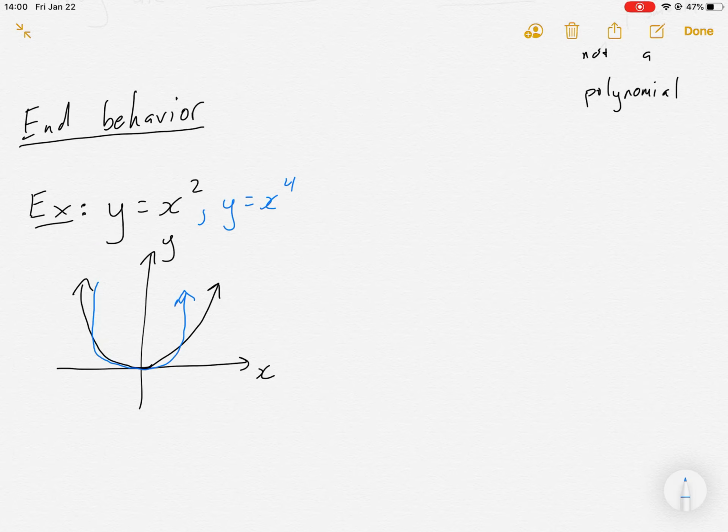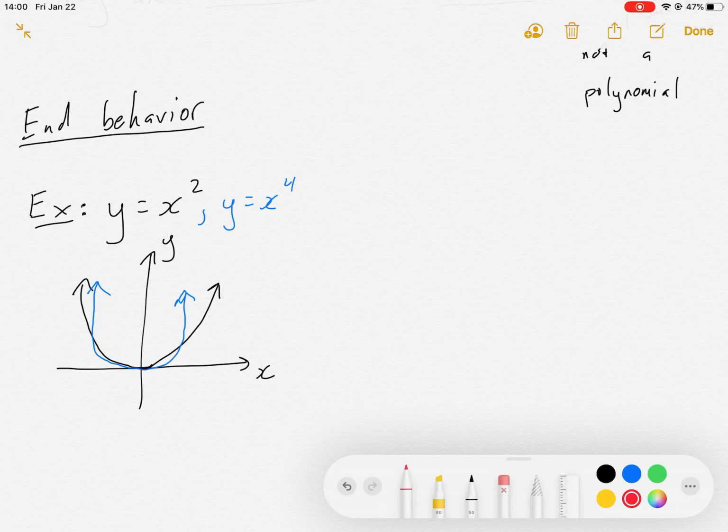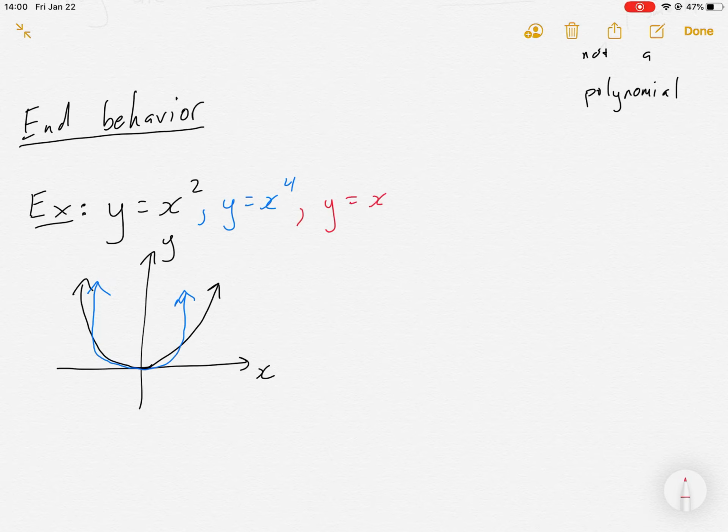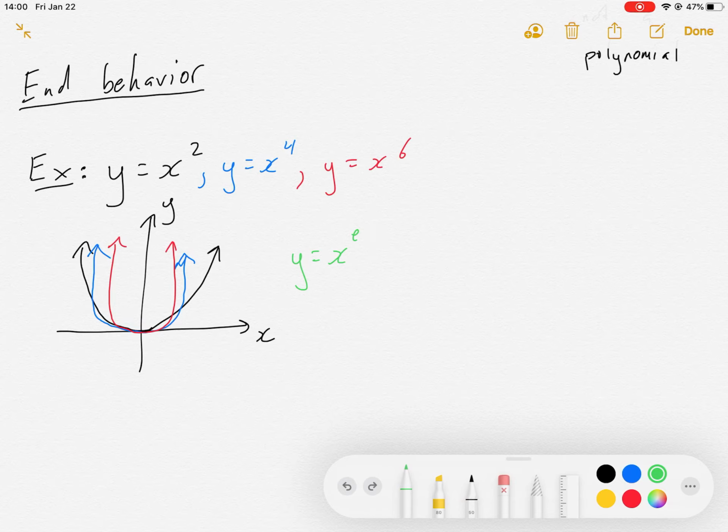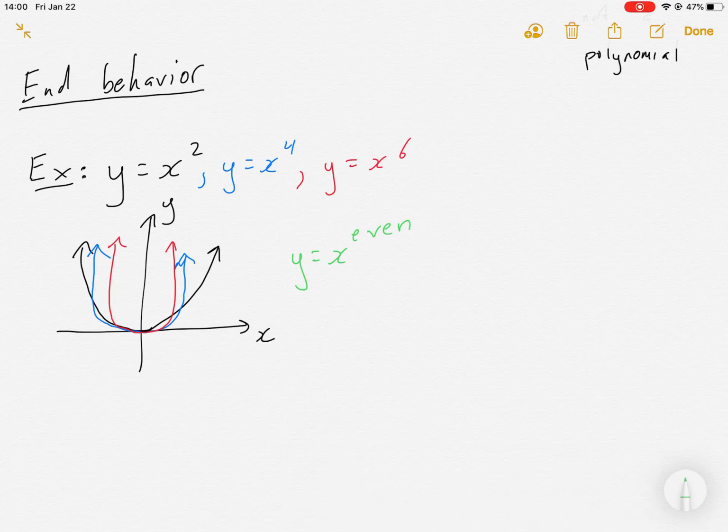This looks pretty terrible, but I think you get the idea. And then if I also were to graph, let's do one more, y equals x to the sixth. Same thing, it does basically the same thing. And so if I were to continue doing this, let's just say I had any y equals x to the power of an even number, it's going to essentially do this.